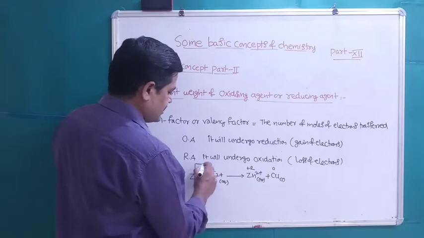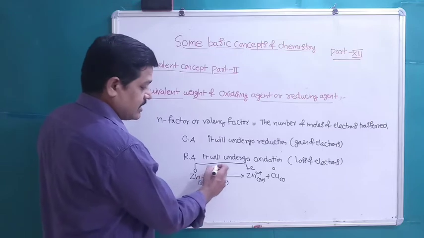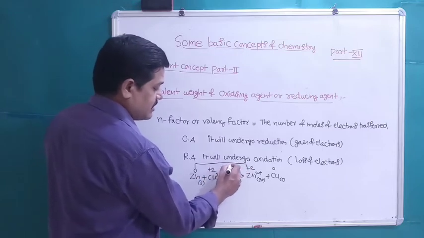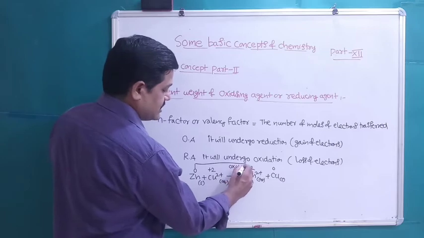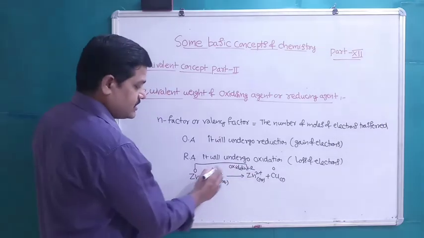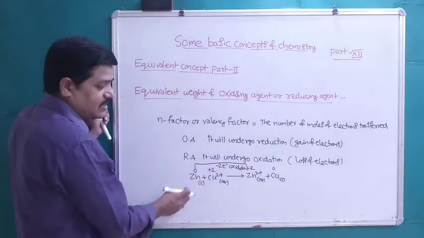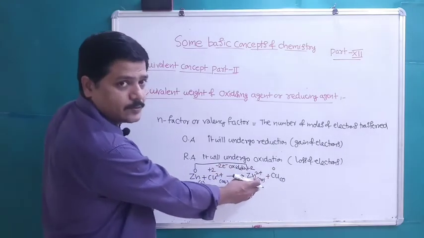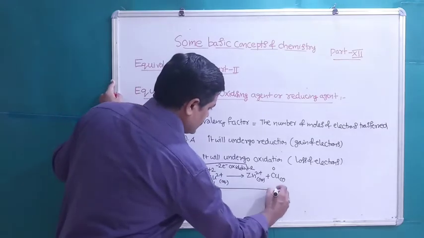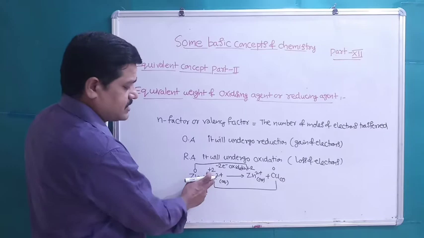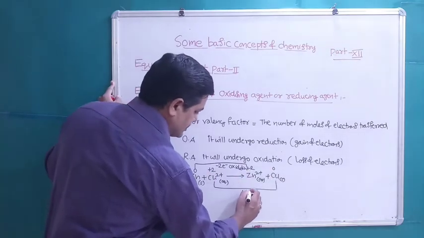For zinc, there is an increase in oxidation state, right? Increase in oxidation state is called oxidation. So by losing 2 electrons, Zn0 in elemental state is converting into the Zn2+ ion. Whereas Cu2+ is converting into Cu0 by gaining 2 electrons.